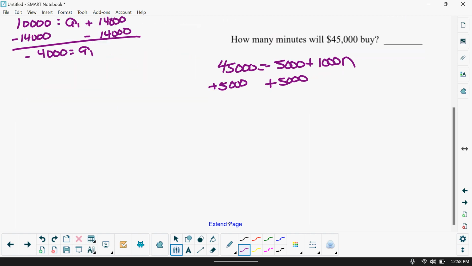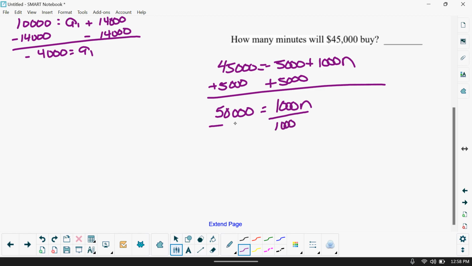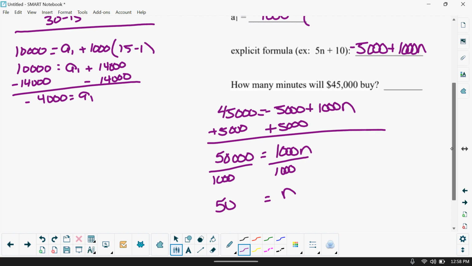I wish I had this many zeros in my banking account. 50,000 equals 1,000n. So now divide by 1,000. Okay, and n equals 50 minutes. If I'm spending $45,000 for 50 minutes, I want something more than a fireworks show. That's a car. That is a car.